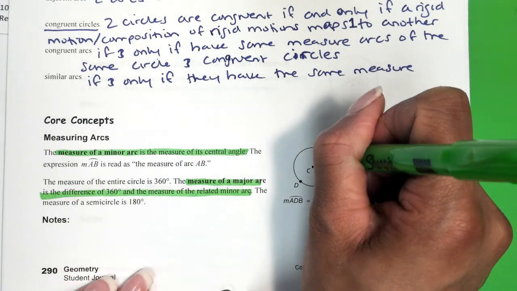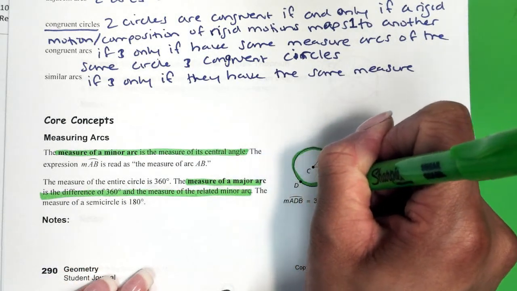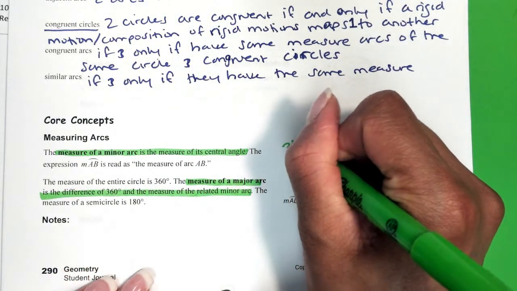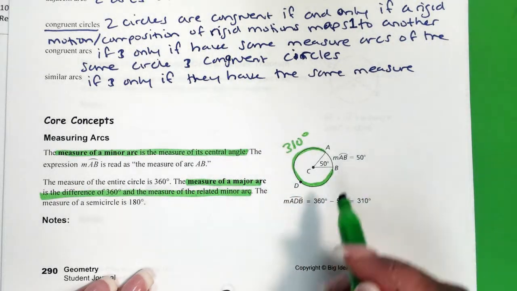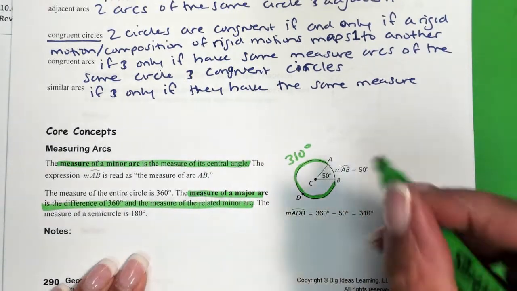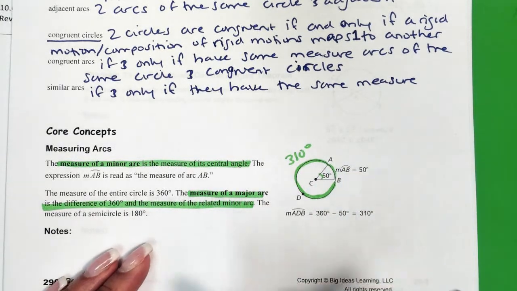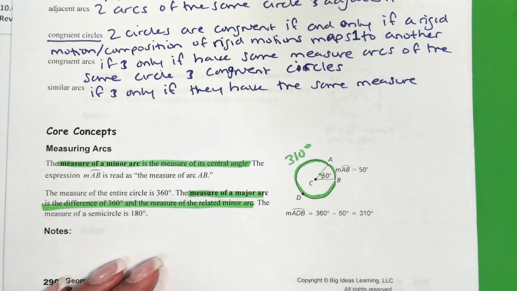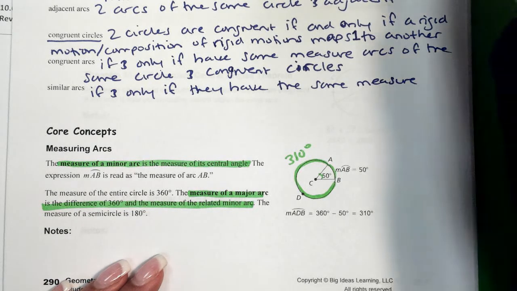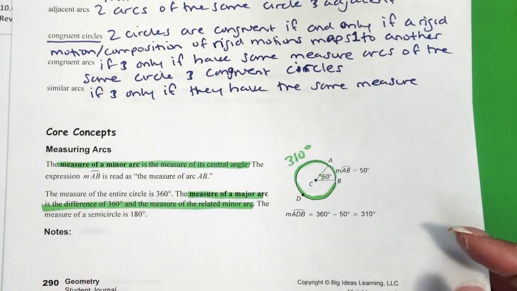So that means this entire arc here is 310 degrees. So if this is 50 degrees here, then the arc is also 50 degrees. Alright, that's one way to do our examples on measuring arcs. So let's go on to our next page.